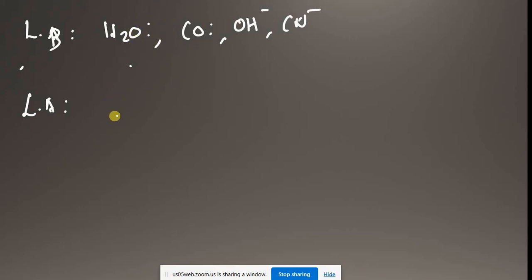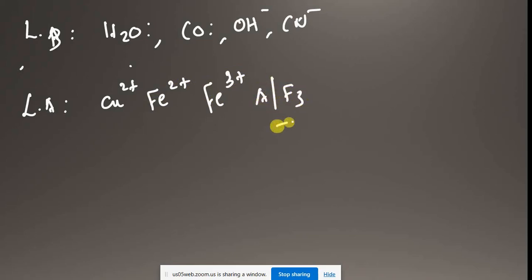Acceptor means it would have the place to accept electrons. So like that, Cu2+, Fe2+, Fe3+, AlF3. These are all examples of Lewis acids, which have a place to accept two electrons. These are the examples of Lewis bases, which are ready to give a pair of electrons, right?